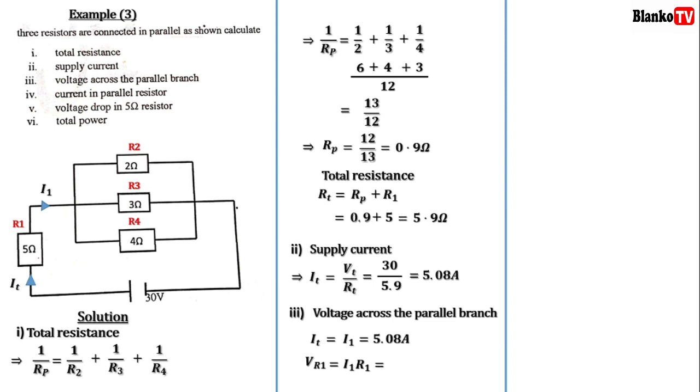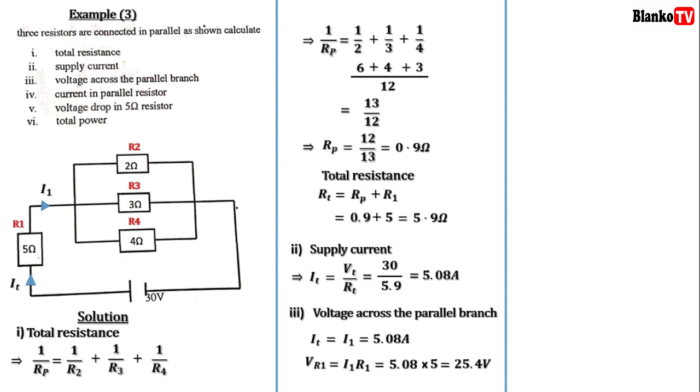So I1 is 5.08 times R1, which is 5. When you multiply 5.08 by 5, we get 25.4 volts. So the voltage across R1 is 25.4 volts. I hope you are following the steps. Okay, so let's move on.